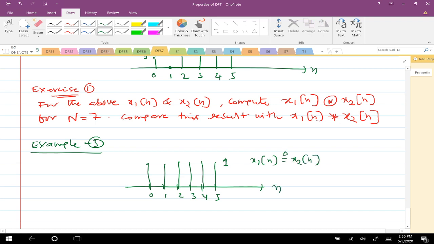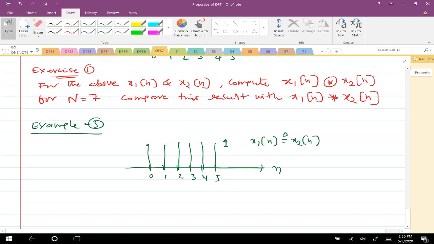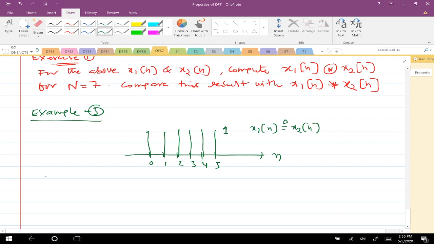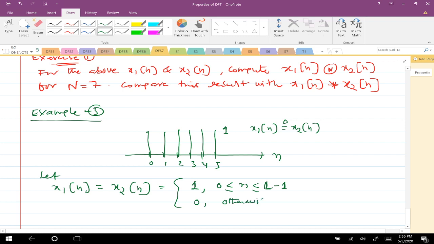This is my n. Now what I want you to do is, let me write the expression. For example, let x1 of n equal x2 of n, which is equal to 1 for 0 less than or equal to n less than or equal to L minus 1, where L is the length of the signal. In this case, for whatever I have drawn, L equals 6. Okay, 0 otherwise.